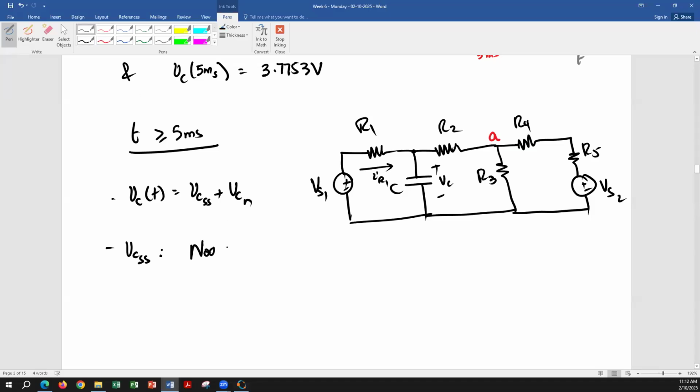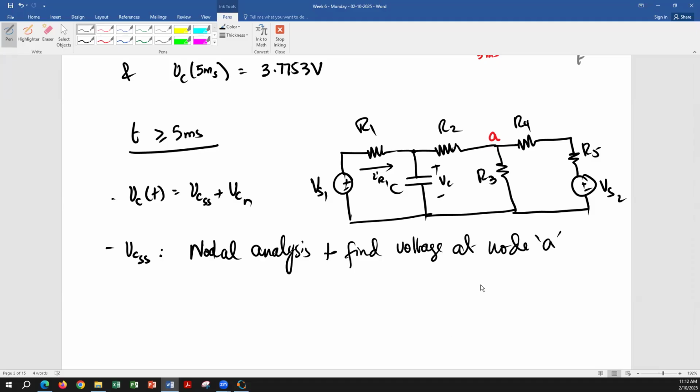Nodal analysis. And why I'm not using mesh analysis?